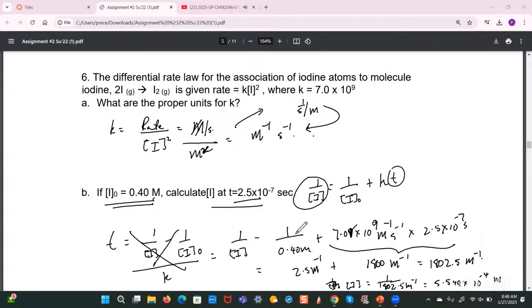Actually, you know what? I forgot to round off. So this will still be equal to 1800, right? So let me leave that as 1800 M to the minus 1. And therefore, 1 over 1800 is going to be the final answer, whatever that gives.